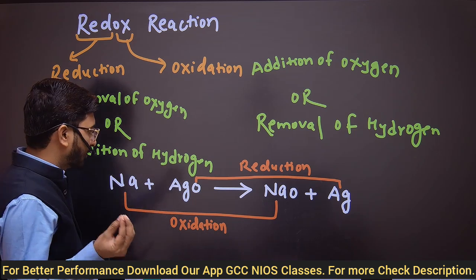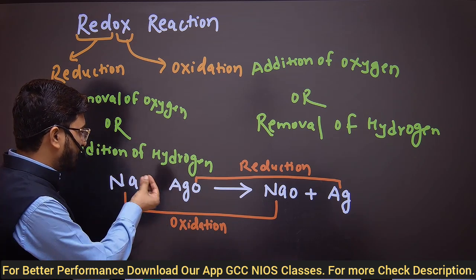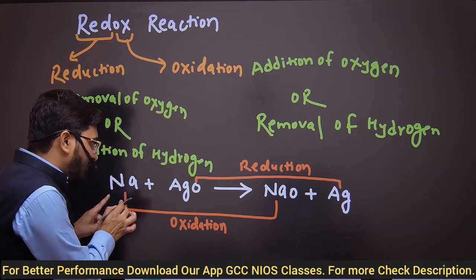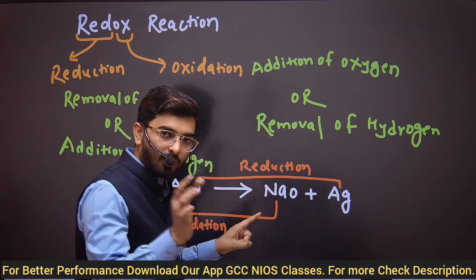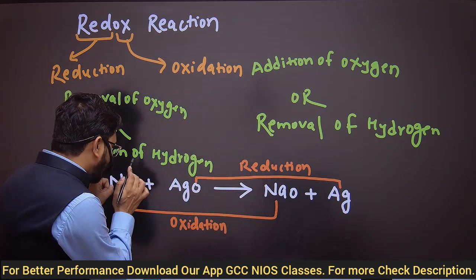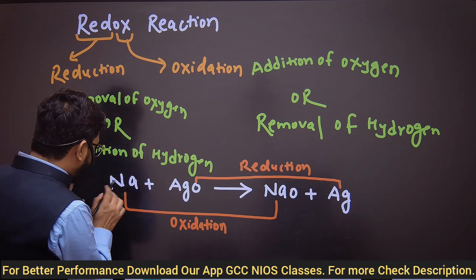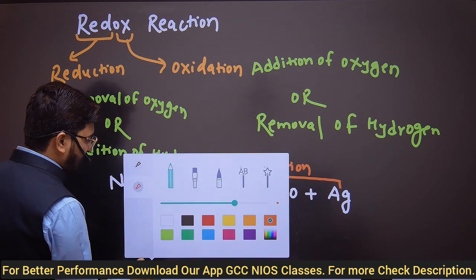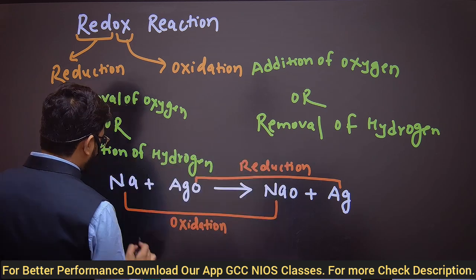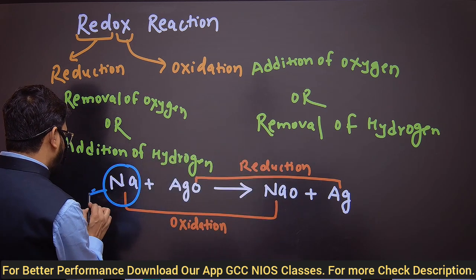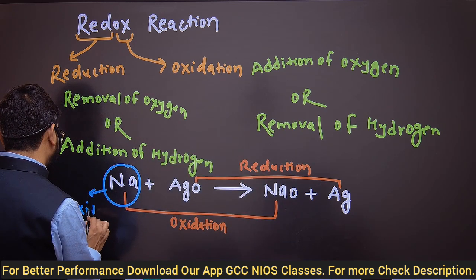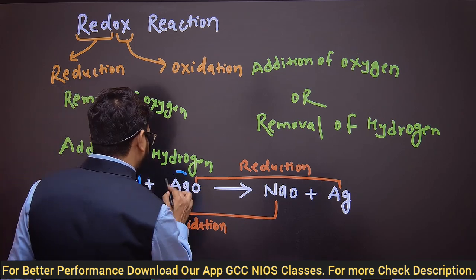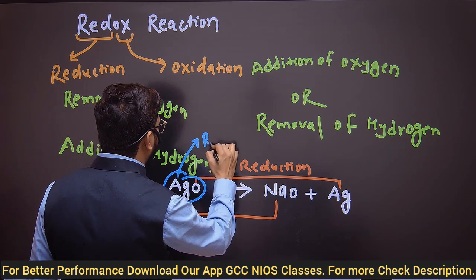Now let's try to learn some words that are used in these terms. First of all, I'm not talking about products, I'm talking about reactants. The reactant which participated in oxidation will be known as oxidized, and this will be known as reduced.